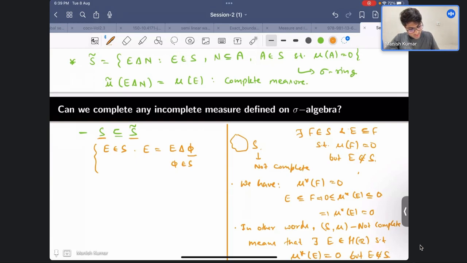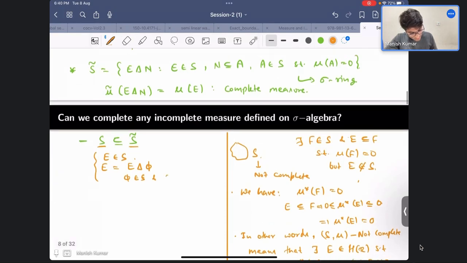Phi belongs to S, and if N is a subset of A, E symmetric difference N belongs to S. This is vacuously true, since phi is a subset of any measure 0 set.